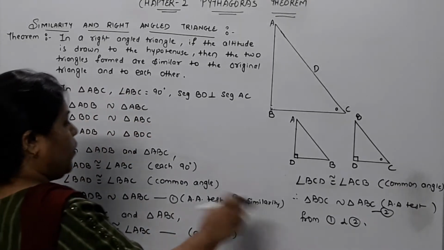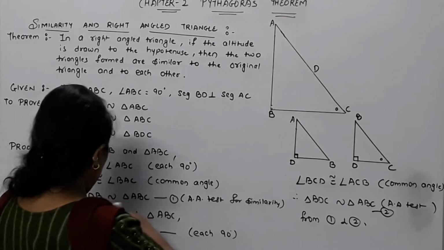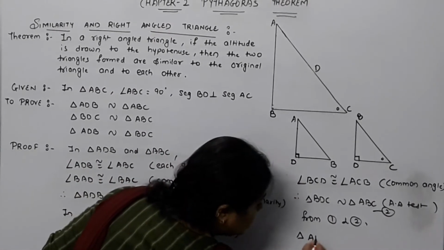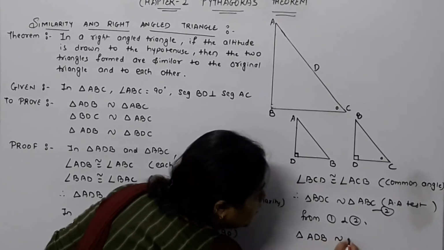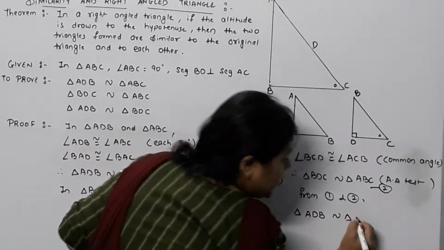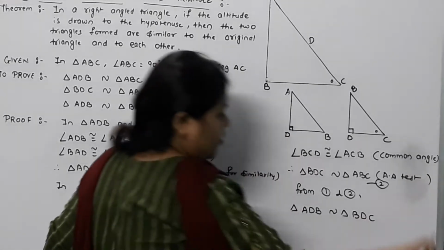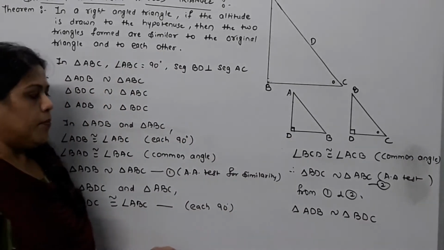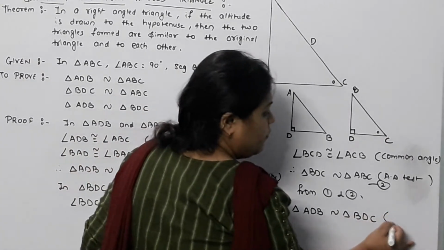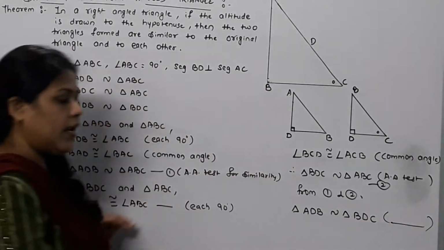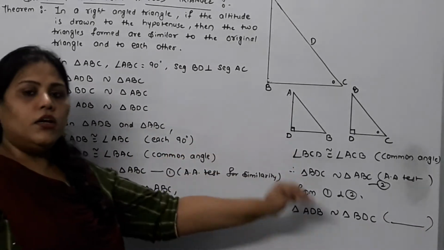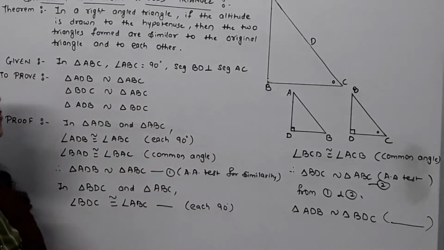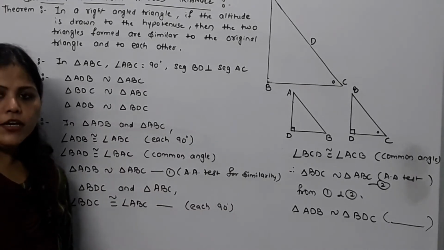So from equation 1 and 2, we can say that triangle ADB is similar to triangle BDC, right? By the property of transitivity. This way our first theorem gets completed over here.